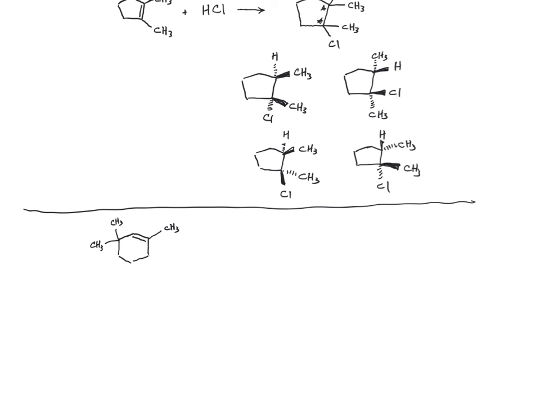Now, if I were to do a hydrohalogenation on this, again, we'll use HCl. And you can see I've just written the reagent over top of the arrow there. It's the same as if I had put a plus sign and then written the structure of the reagent. And there's two possible products.